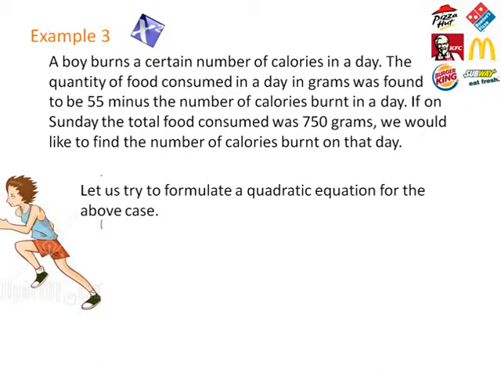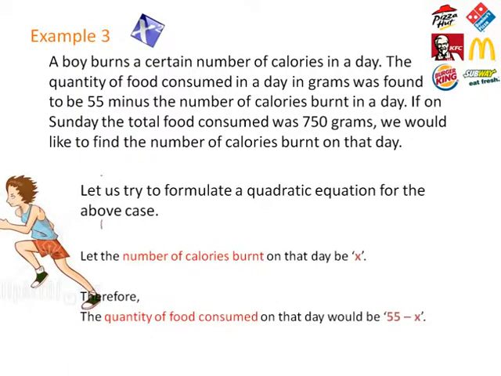Let us try to formulate a quadratic equation for the above case. We have the following approach. Let the number of calories burnt on that day be x. Therefore, the quantity of food consumed on that day would be 55 minus x.